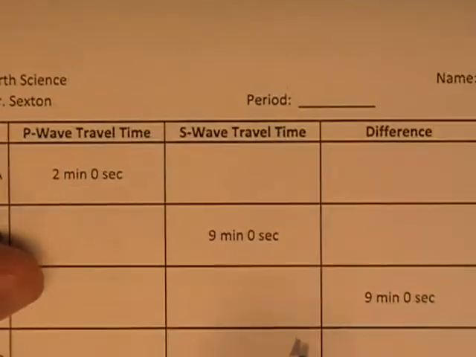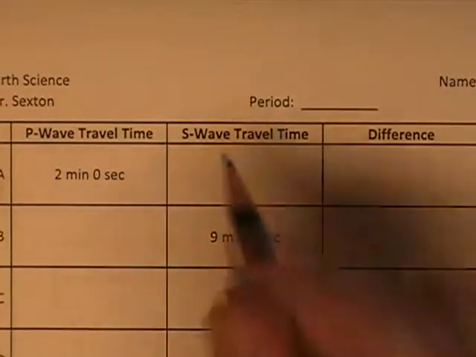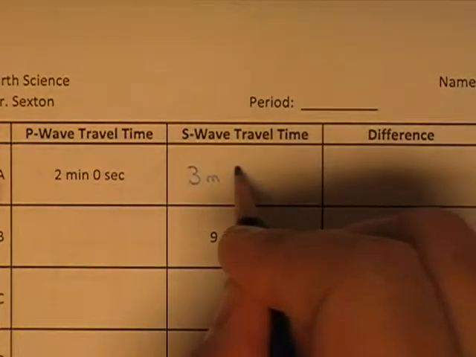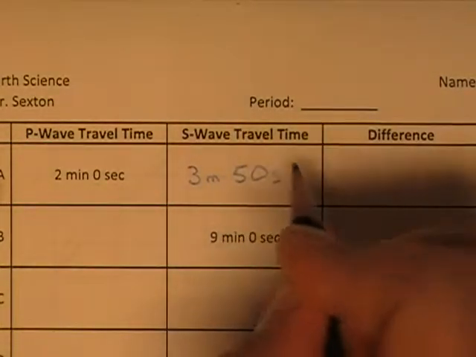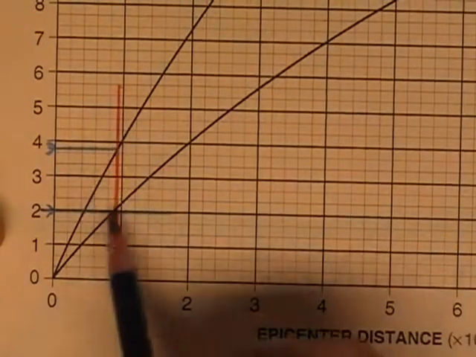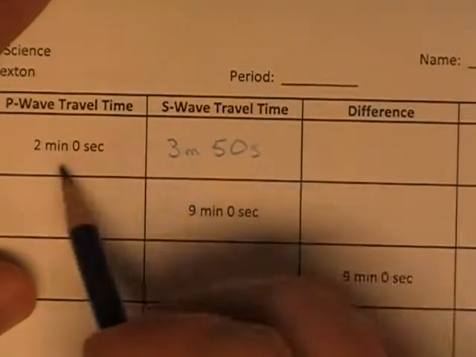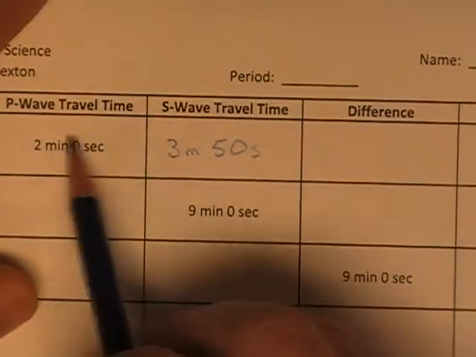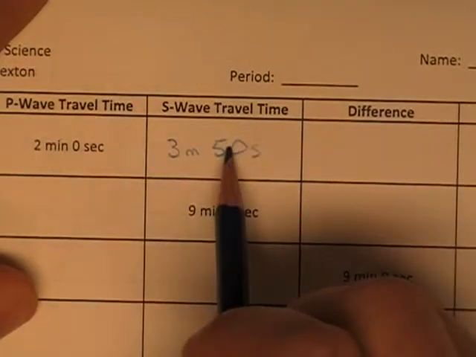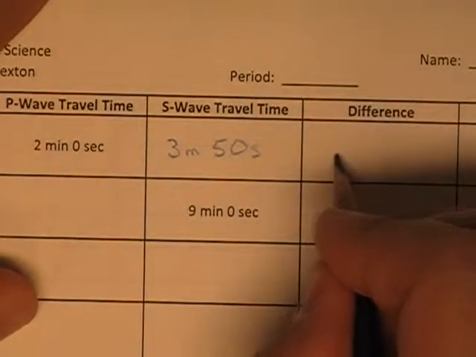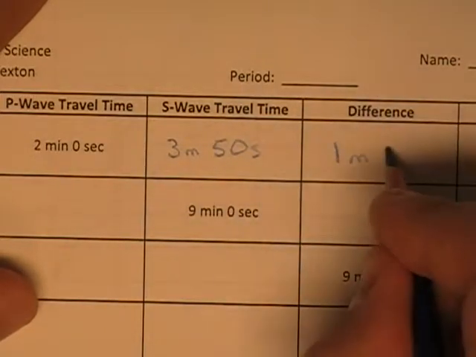The S wave travel time is going to be 3 minutes and 50 seconds, and that's shown where that vertical red line crosses the S line here. The difference between them can be figured out by subtracting the P wave travel time from the S wave travel time, the smaller number from the larger number. In this case, I'm going to get 1 minute and 50 seconds.